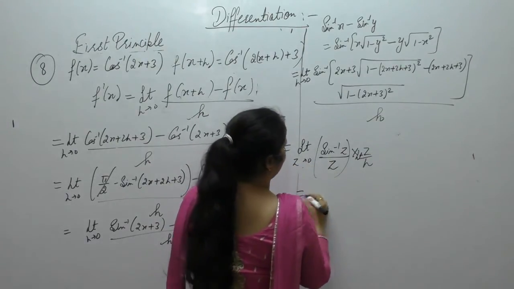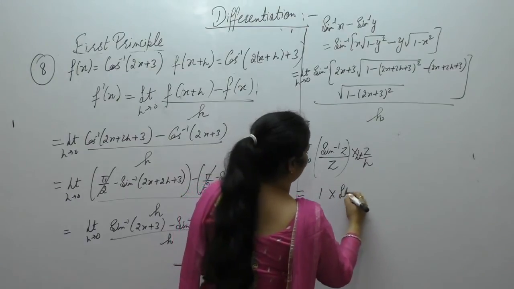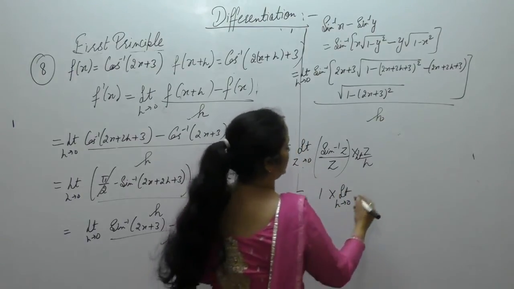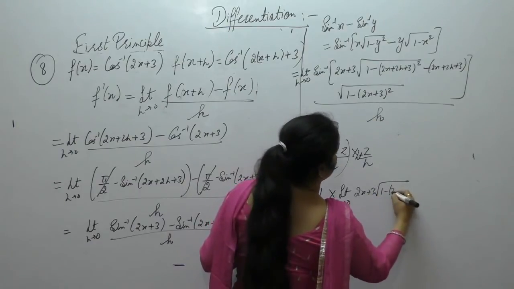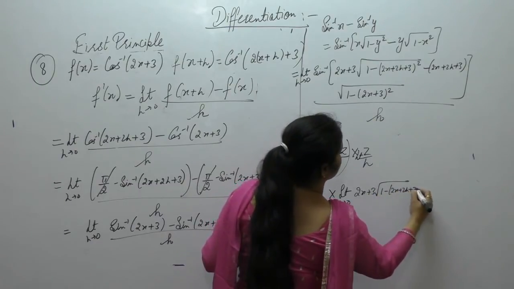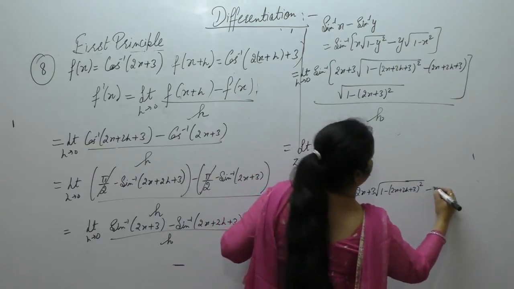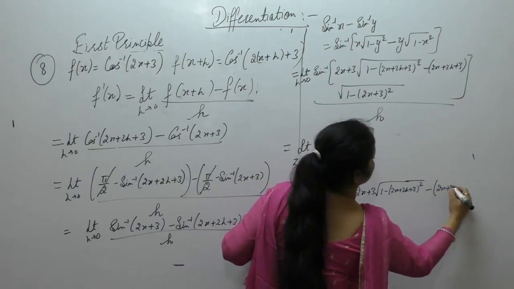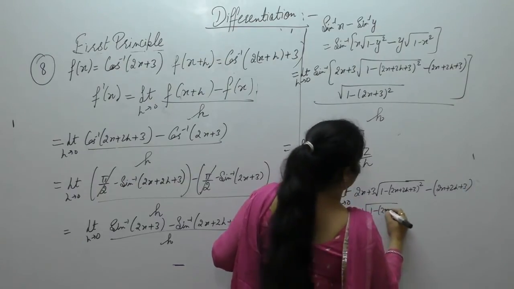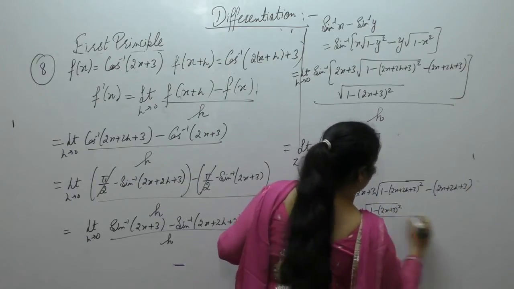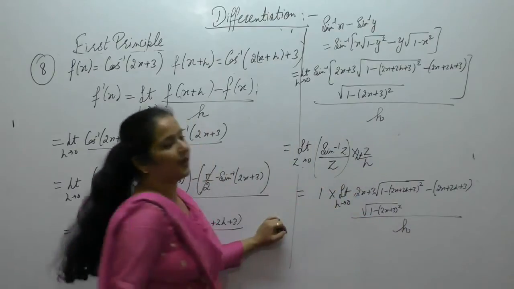So here put the value, this is equals to 1, limit h tends to 0, put the value of z here, 2x plus 2h plus 3 into square root of 1 minus (2x plus 3) whole square minus (2x plus 3) into square root of 1 minus (2x plus 2h plus 3) whole square upon h.